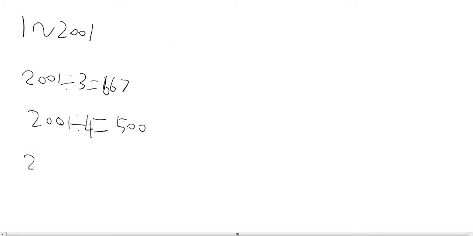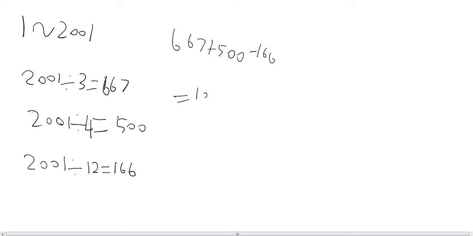So we have to find out number of numbers that are divisible by 12 in that range. That gives us 166 numbers. So when we do the calculations, we add the first two numbers, and then we subtract this third one. That gives us 1001 numbers.